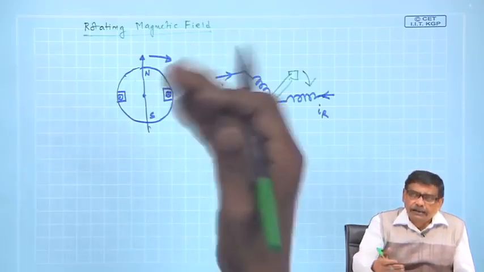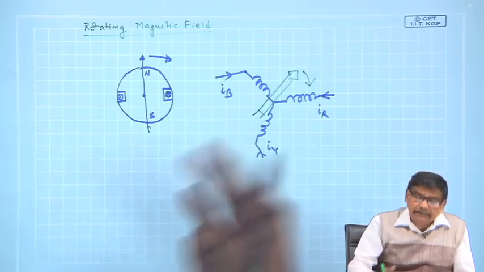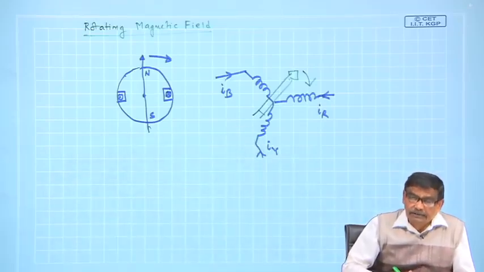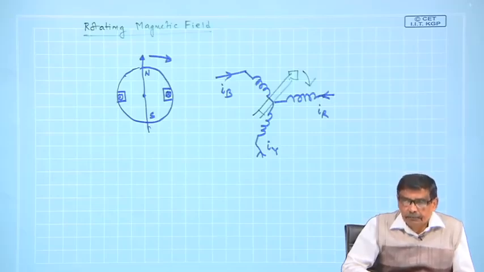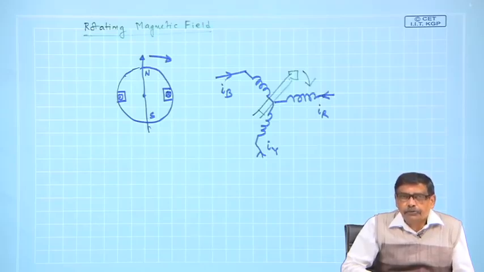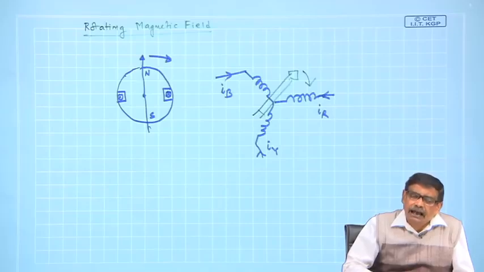After a long time he started telling that if balanced polyphase AC supply is available, then he can construct a much simpler motor in construction, and that was the induction motor. To produce the induction motor, he came up with all these ideas, and after that it was all history.